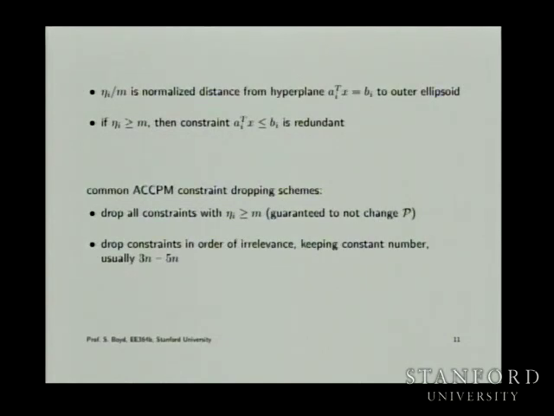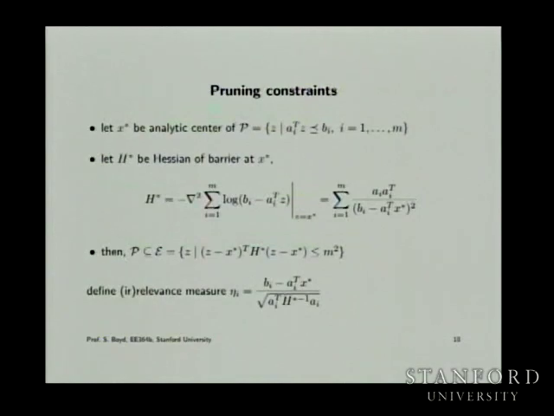And by the way, it's super cheap, because I think you've already calculated all these numbers at the last step of Newton's method, or you're very, very close to getting them.